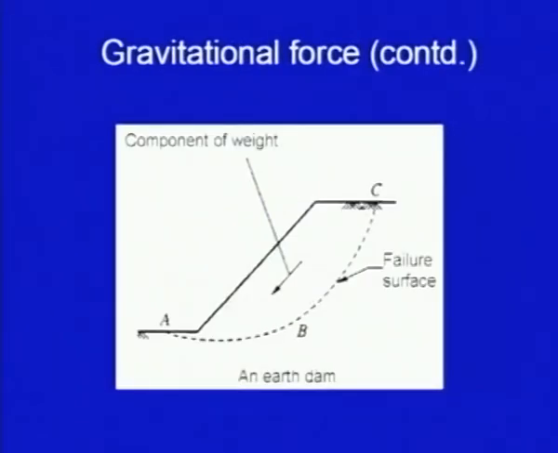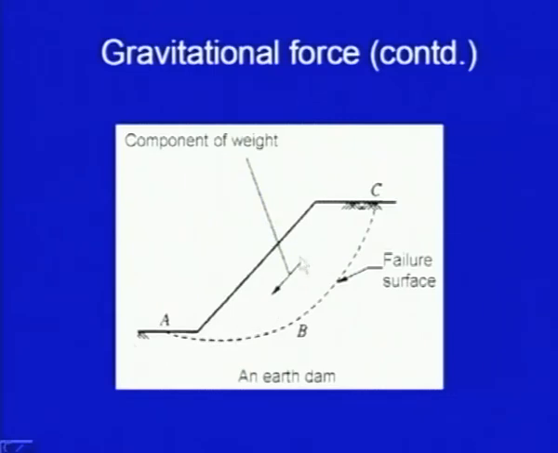Now, here is another example of the gravitational force. Here I am taking an earth dam, and its section is drawn here. In this man-made structure, the failure surface generally has been observed to be a curved surface. Most of the time it is taken as a circle, and this mass tries to slip in this direction.